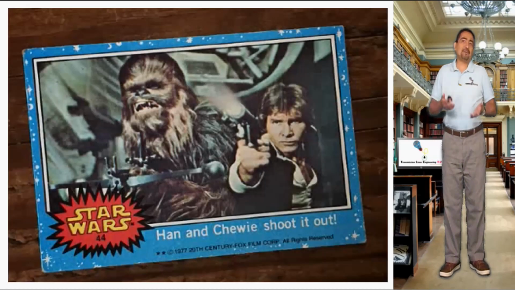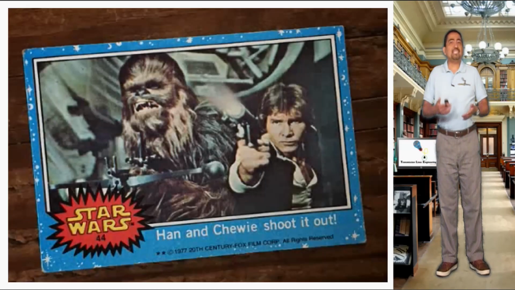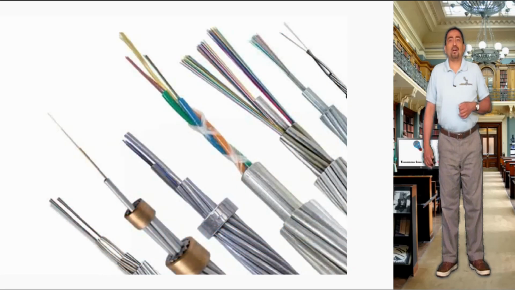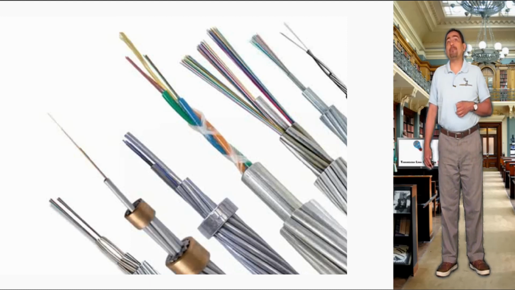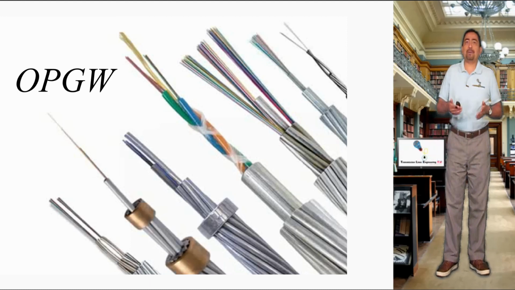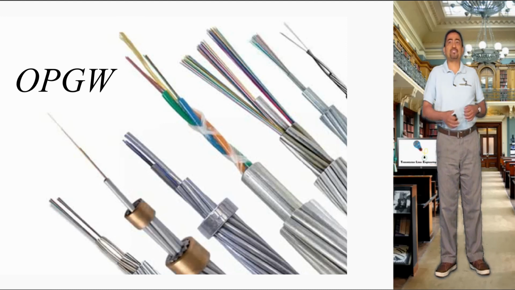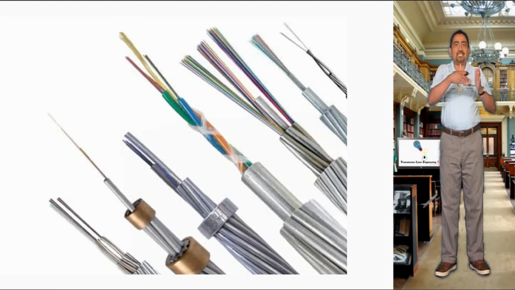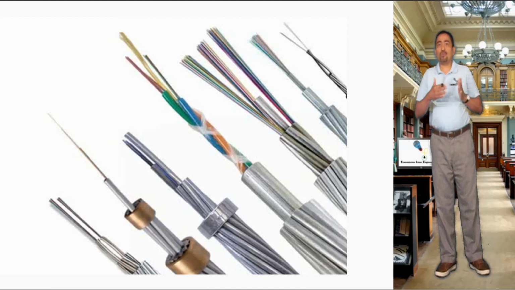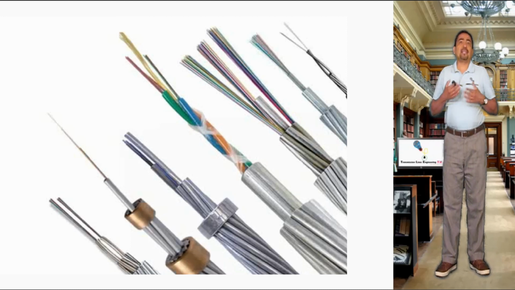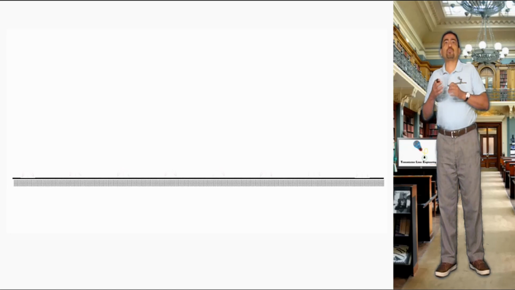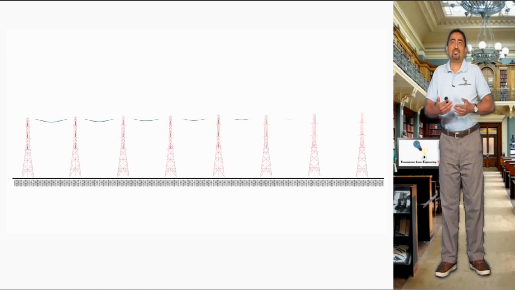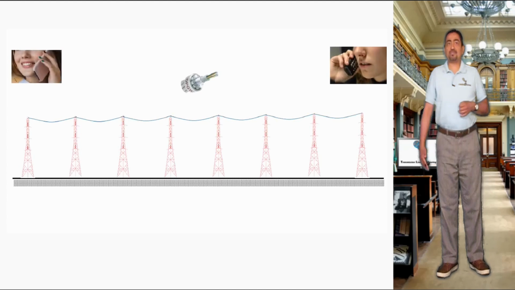In 1977, the very famous optical fiber ground wire, OPGW, was released, which takes advantage of the overhead shield wire and sits inside its core. It contains a tube with optical fibers, allowing transmission lines not only to transport electrical energy, but also to be used as communication systems.